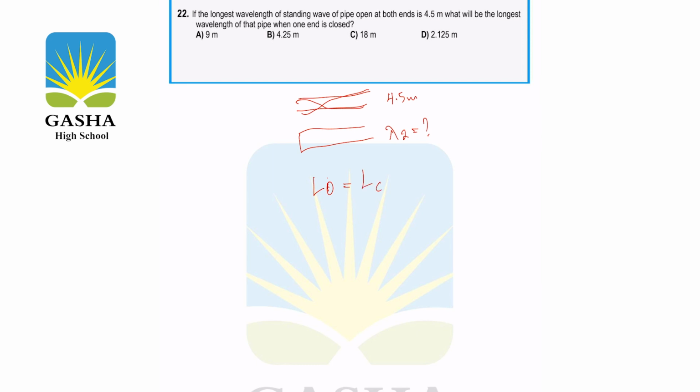And we already know that the fundamental frequency for the pipe closed at one end is V over 4L, while the fundamental frequency of a pipe that's open at both ends is V over 2L.